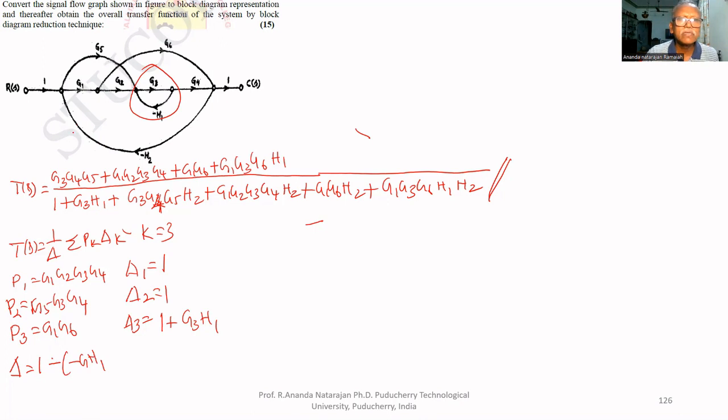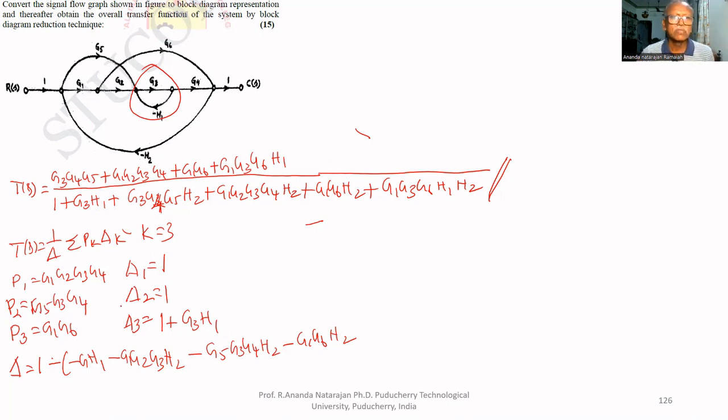Second loop is G1 G2 G3 G4 H2, minus G1 G2 G3 H2, minus G5 G3 G4 H2, minus G1 G6 H2. There are 4 individual loops.